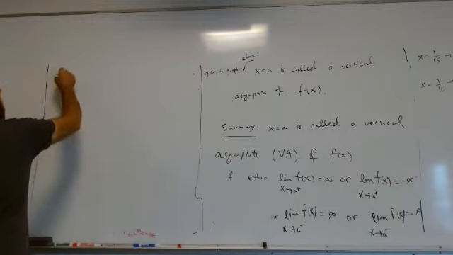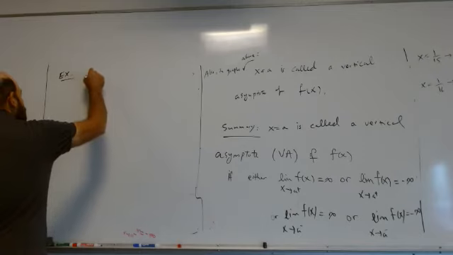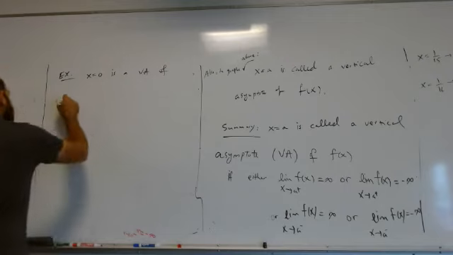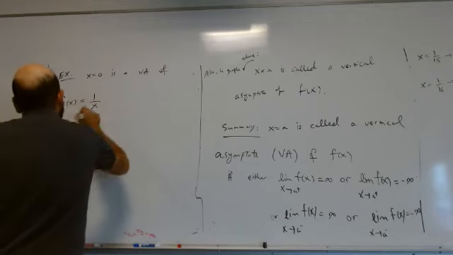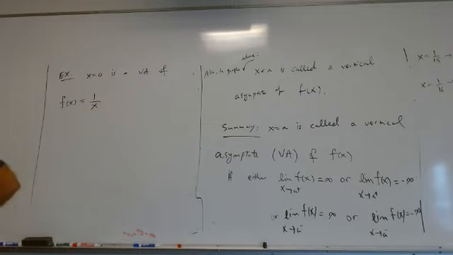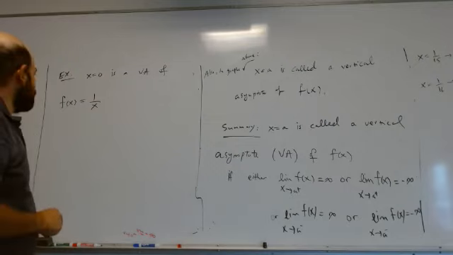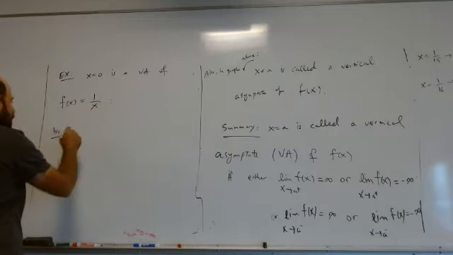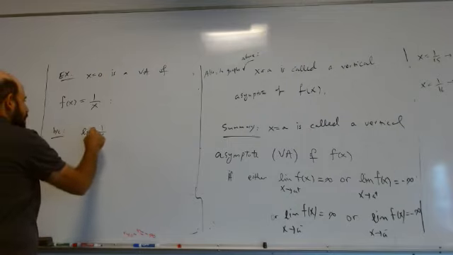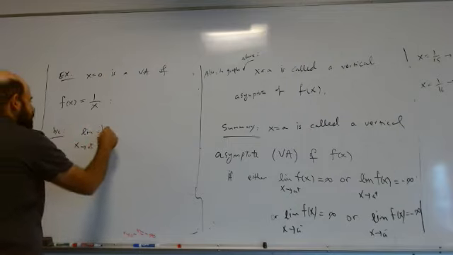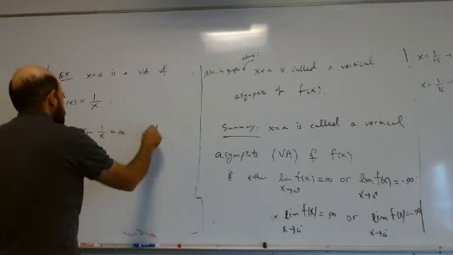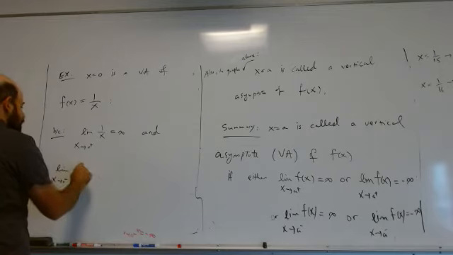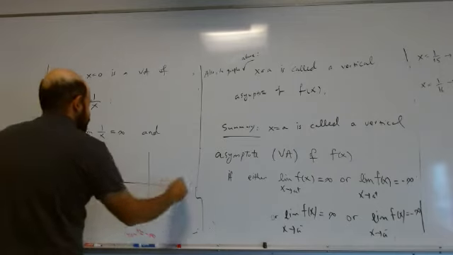So for example, like what we mentioned earlier, x equals 0 is a vertical asymptote of f of x equals 1 over x. Why is that true? Because the limit of 1 over x as x approaches 0 from the right is infinity, and the limit of 1 over x as x approaches 0 from the left is minus infinity. And this is the graph, see?